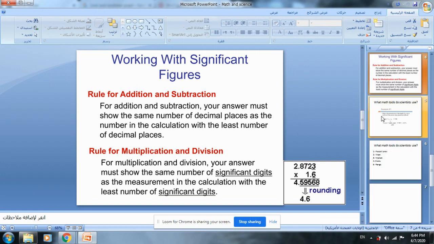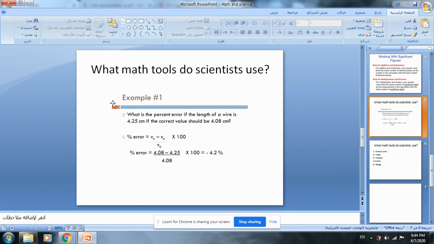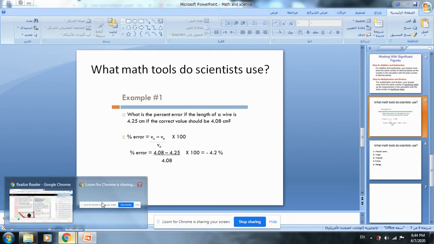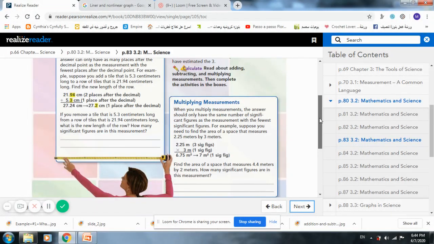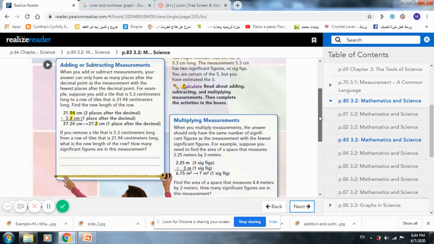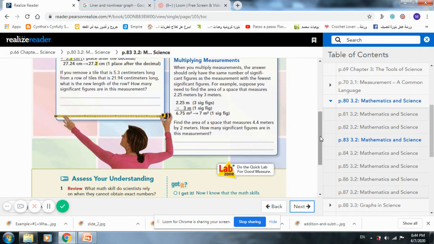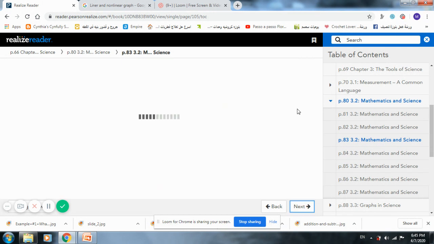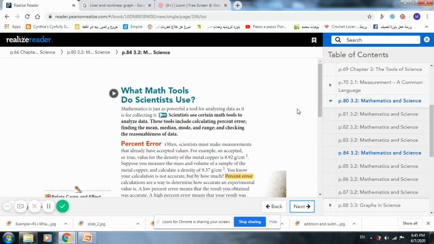Let's talk about the math tools and science tools. So we've finished adding, subtracting, and multiplying measurements. What math tools do scientists use?